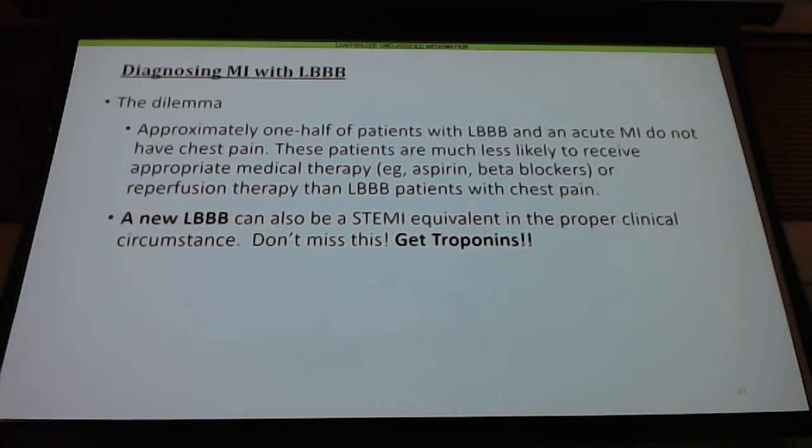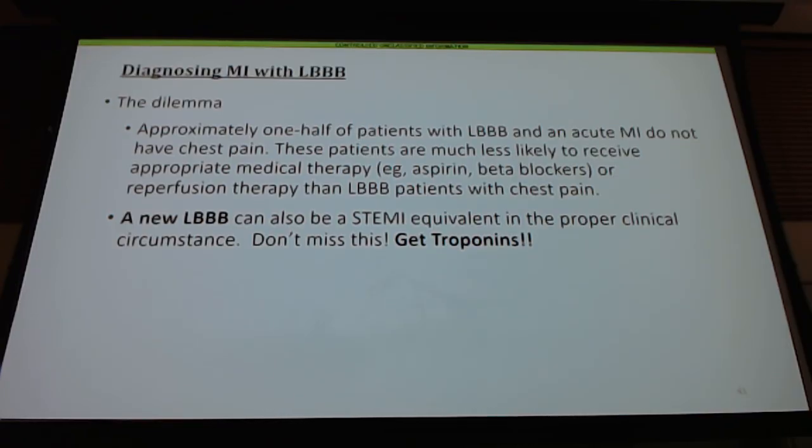But why are we concerned about left bundle branch blocks? The concern is that a new onset left bundle branch block could be the equivalent of a STEMI. So a new left bundle branch block, work it up like it's a STEMI, because that could be the indicating sign of it.